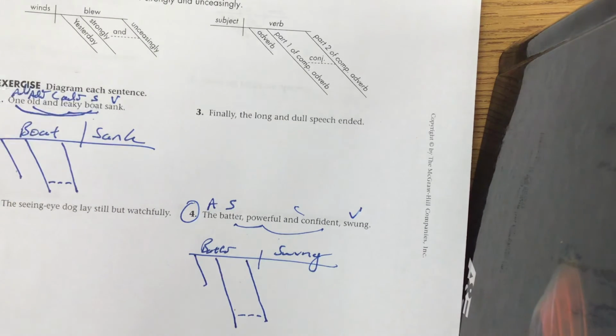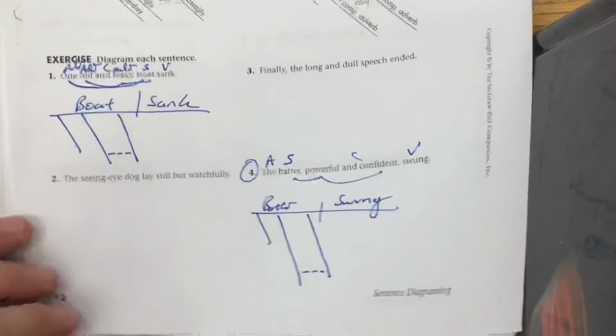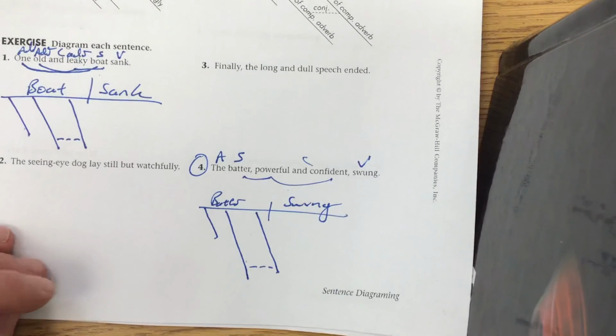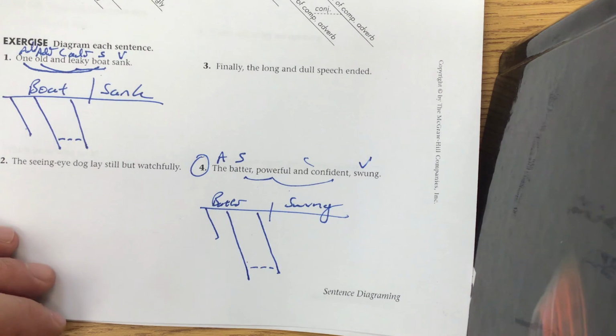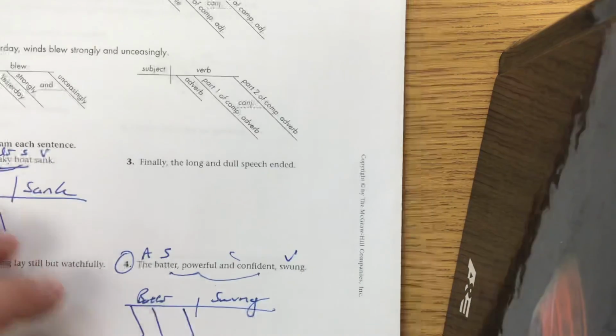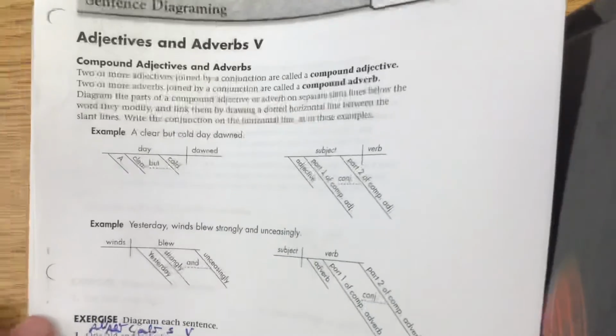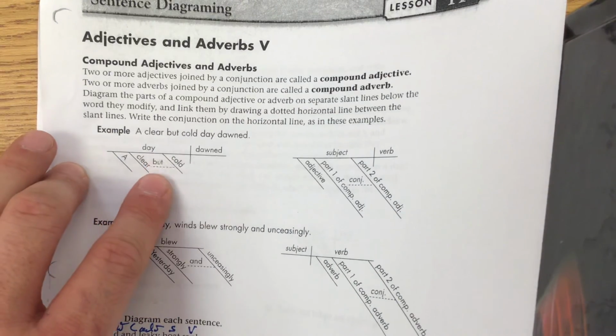So I want you guys to try 2 and 3 in this section, and we will go over all the ones that I left for you to do independently next time we're back. You will also have a quiz on this. So remember, the best way to study for this quiz is to rewatch this video, do the practice problems, and also, if you're confused about something, read the upper part here.